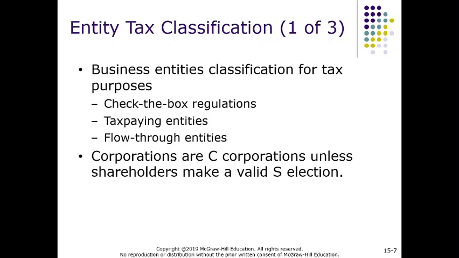In fact, owners could elect to have the business taxed as an S corporation. And notice here, the non-tax considerations do not change because these elections do not affect the legal classification of the entity. So you can have one legal classification and have a different tax classification, and the two will not conflict.